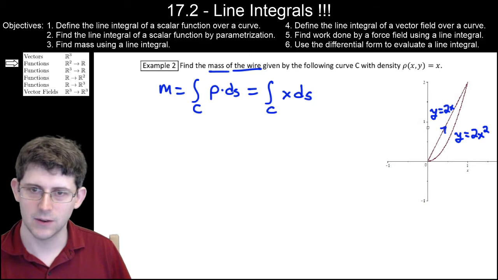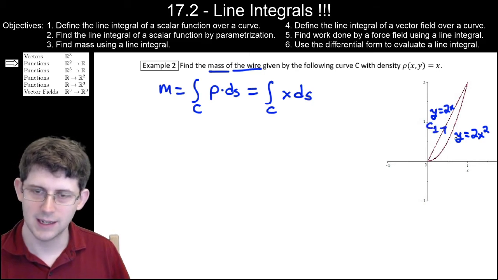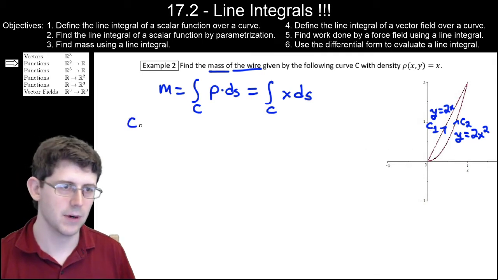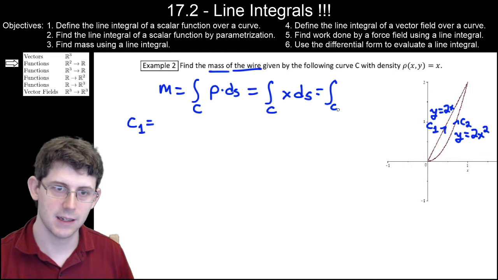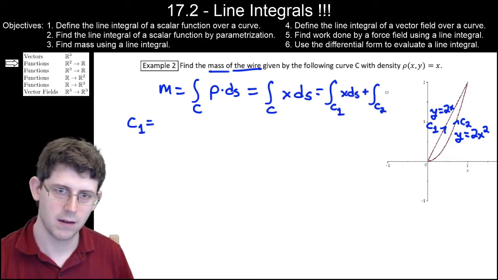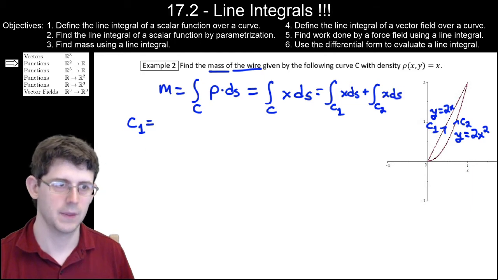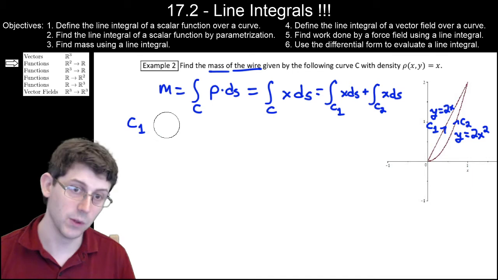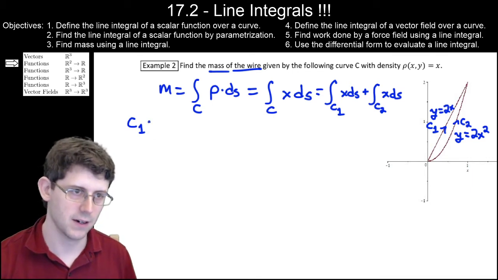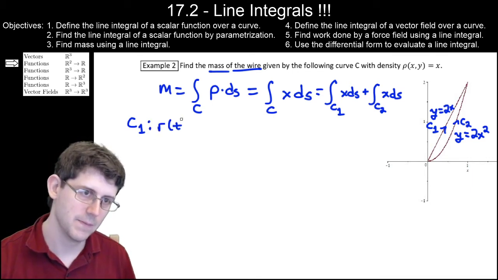So I'll call this C1, and I'll call this C2. Let's get a parameterization of each. And then we'll split up this integral into the two pieces. So C1, the curve is not going to equal its parameterization. The curve has a parameterization.